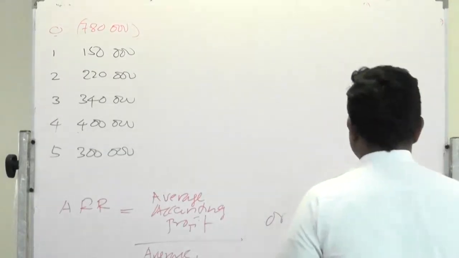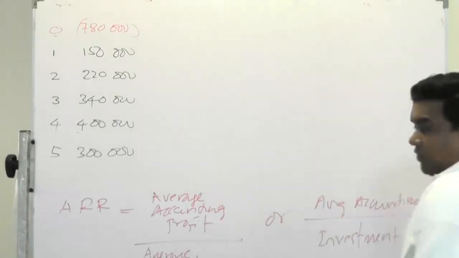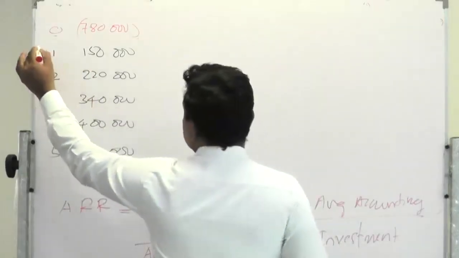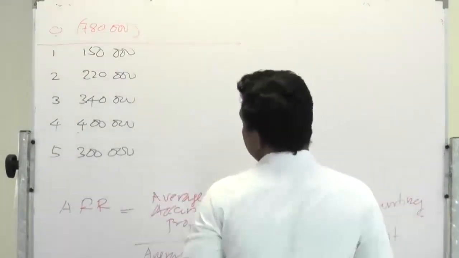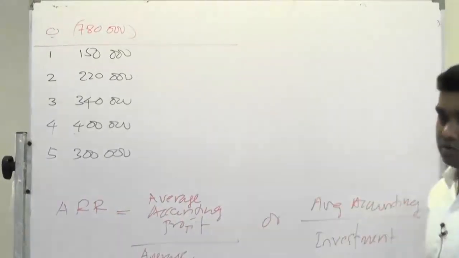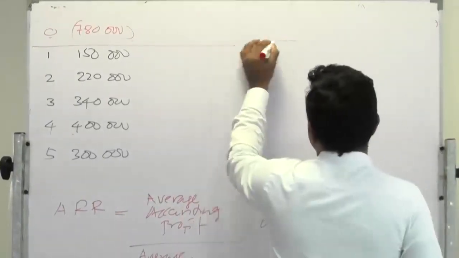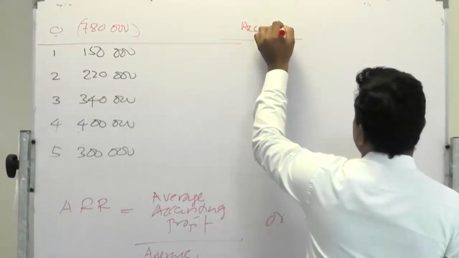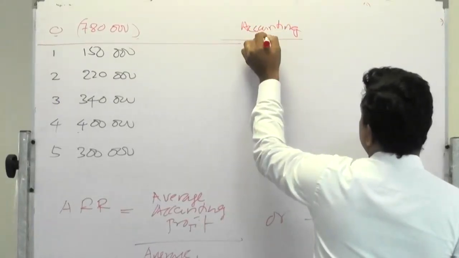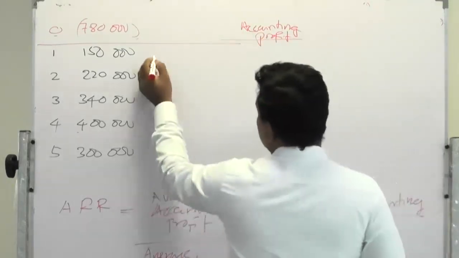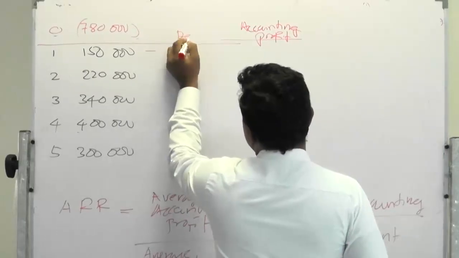First we calculate average accounting profit. To calculate average accounting profit, right, this is the initial investment. These are the first year to fifth year net cash flows. To obtain accounting profit, what do we have to do? We need accounting profit, right? To obtain accounting profit, you need to reduce depreciation.